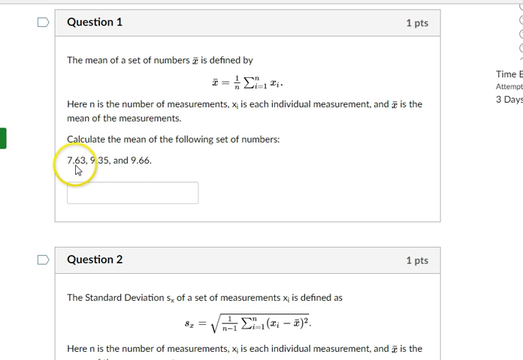Well, we have down here a set of numbers, x1, x2, x3. So we're going to take these, add them together, and divide by 3. That's all this equation up here is actually telling us to do. It's pretty straightforward when you look at it, and not something that you really have to work hard at doing. So the first problem, that's kind of a gimme.